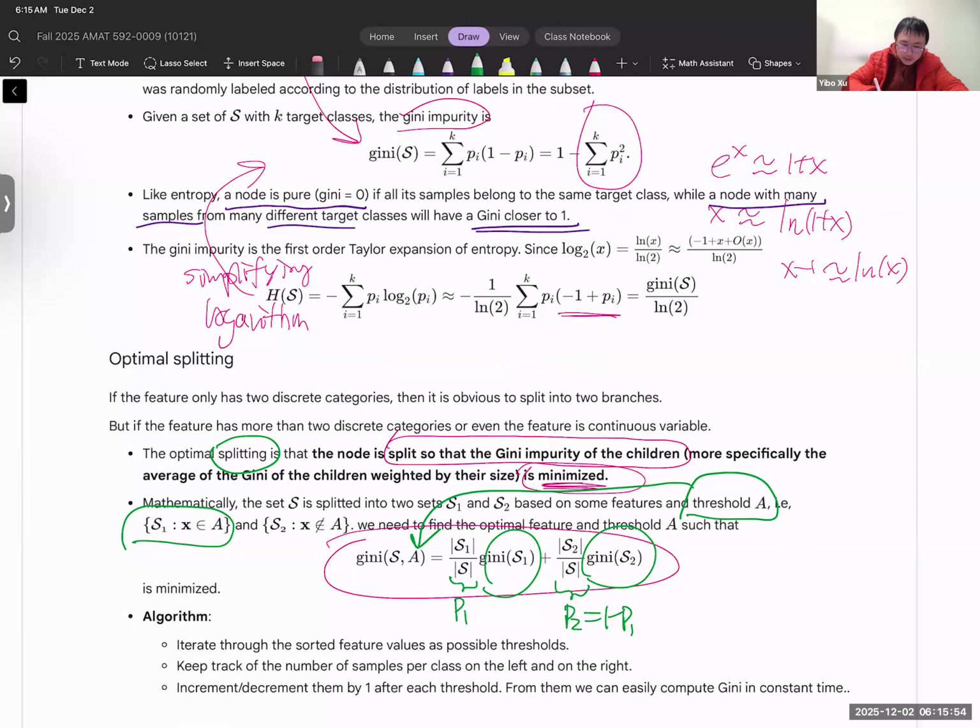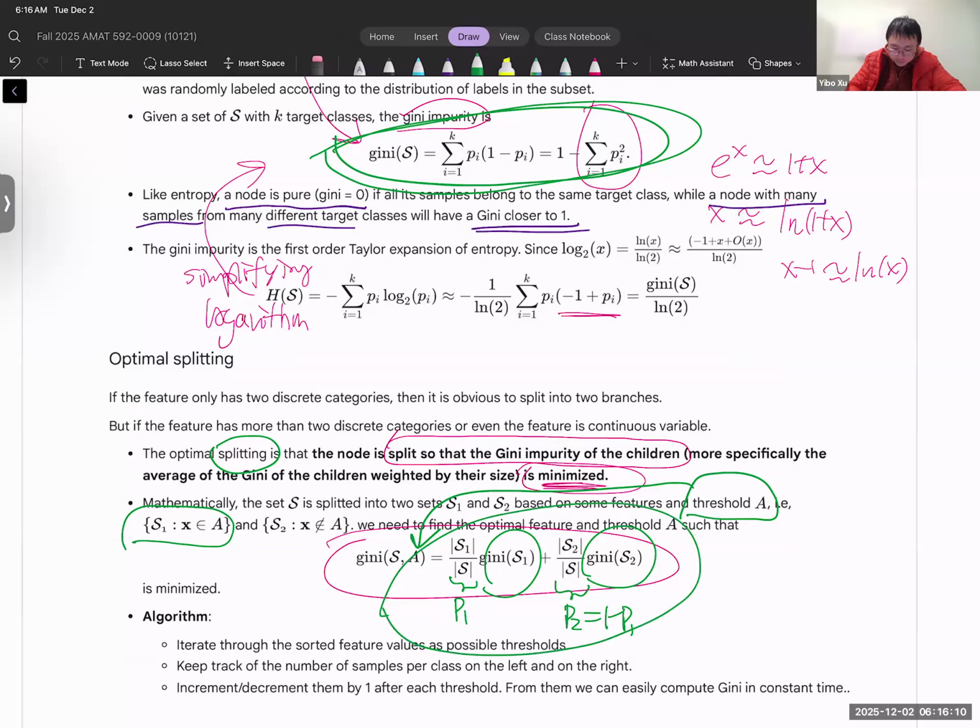Still that. All right. For each feature, you're going to have a population, and then you will be able to calculate the Gini S1 or S2 value, and then sum.